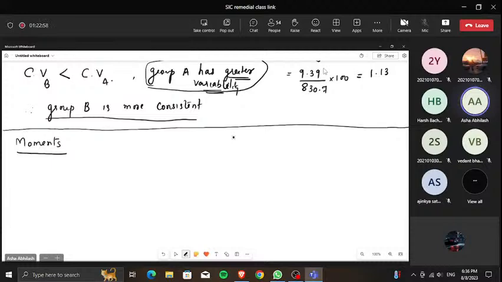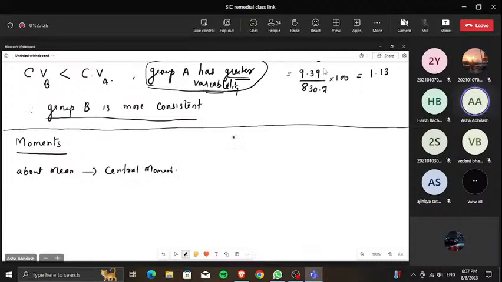Sometimes the data may be big, so it will be quite difficult to calculate the variance directly. So with the help of raw moments, we will find the central moments, that is moments about the mean.